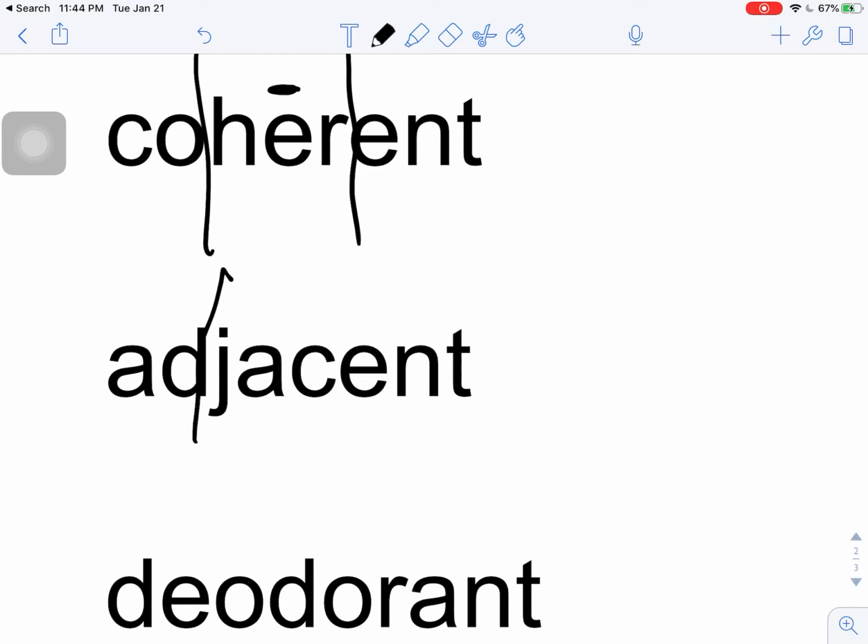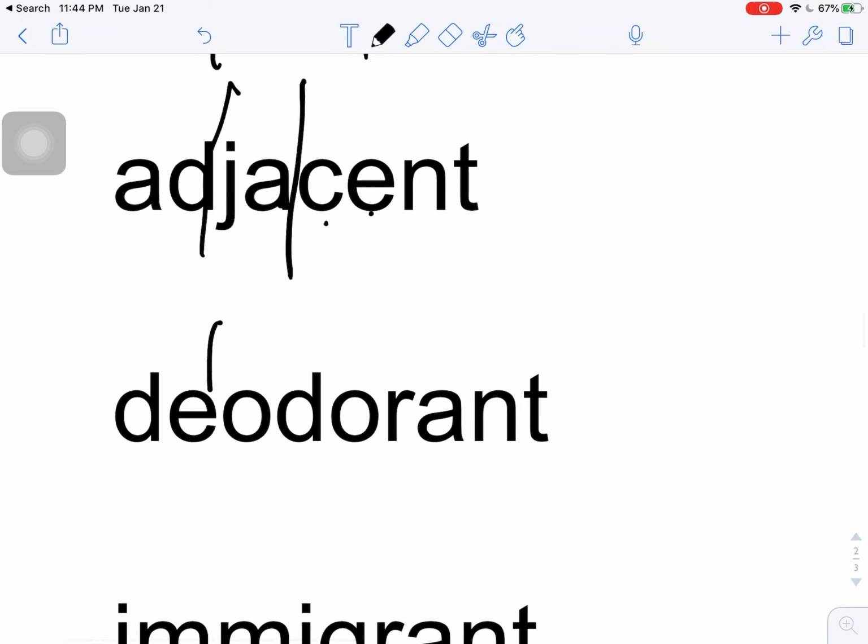Okay, adjacent. The A is saying A at the end of a syllable. The C is saying S in front of an E. D, O. Okay, you can do that. And this is a schwa, or an unstressed syllable, so the OR is saying deodorant.